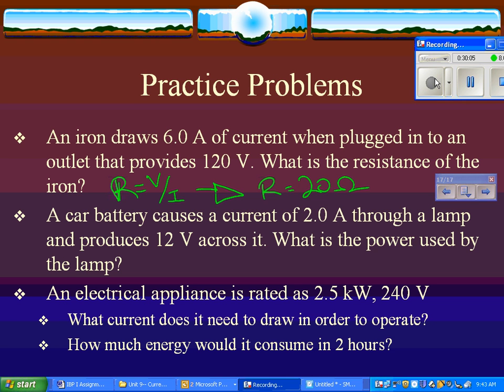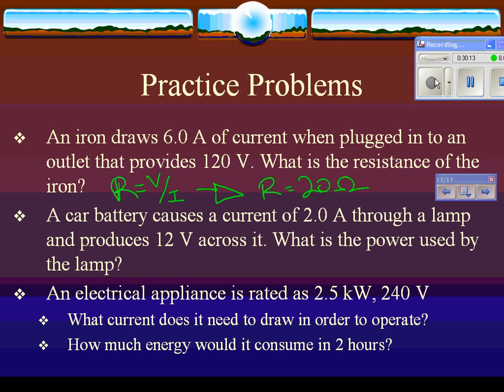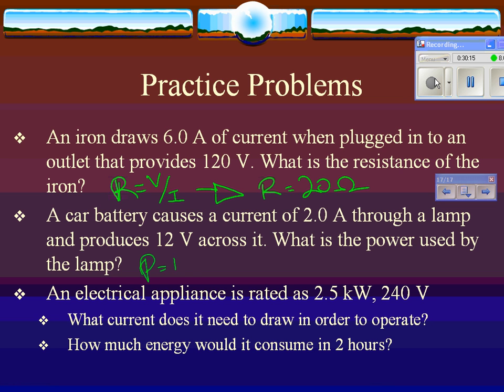Okay. How do you do the second one? P equals IV. And what do we get? 24 what? Watts. Excellent. How do you do the third one, 3A?